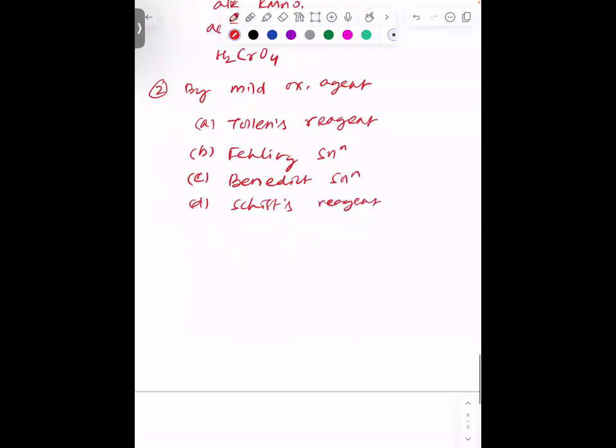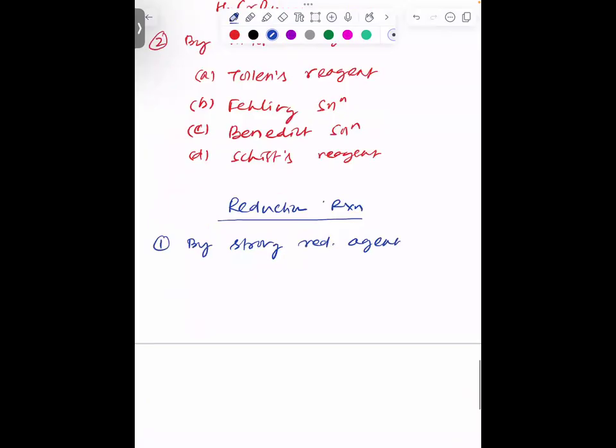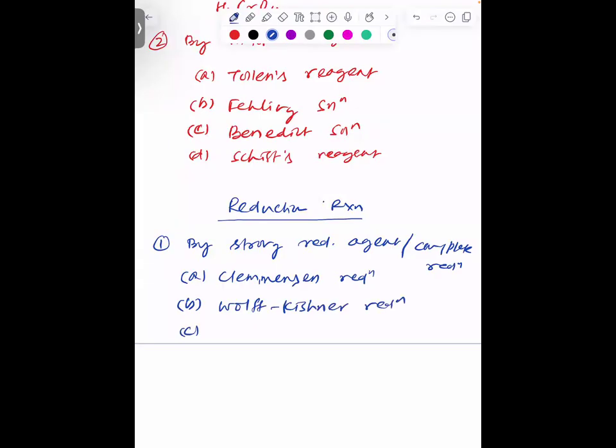Then we will see the reduction reaction. Under the reduction reaction, first by strong reducing agent, like Clemmensen reduction, or complete reduction: Clemmensen reduction, Wolff-Kishner reduction, then HI in red phosphorus.